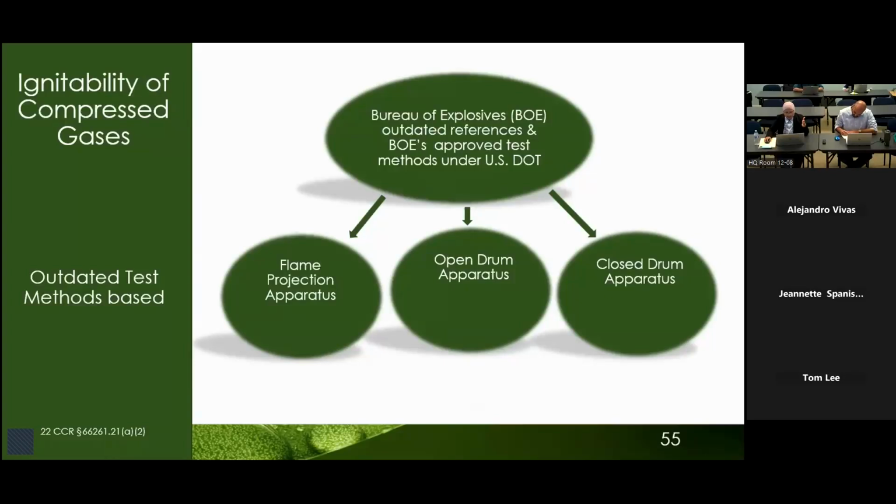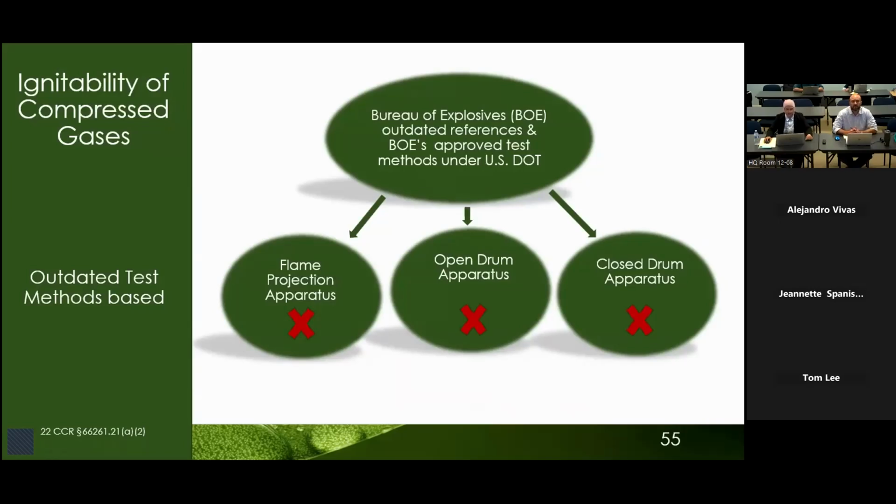The existing California regulations use outdated cross-references of old US DOT regulations, which reference three old test methods, which are flame projection tests, the open and the closed drum apparatuses, to measure the ignitability of compressed gases.